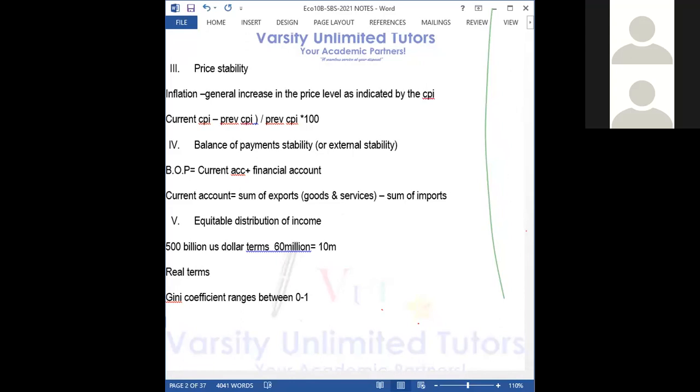So in South Africa, I think the Gini coefficient has been put at around 0.61, 0.62, somewhere there, if I'm not mistaken, which indicates that we are having a very unequal distribution of income and wealth.